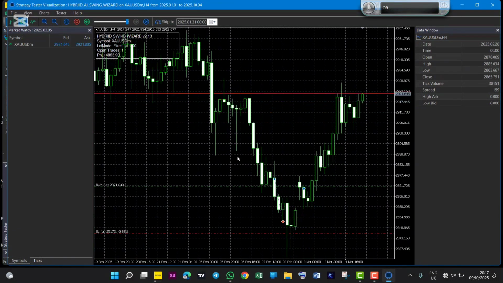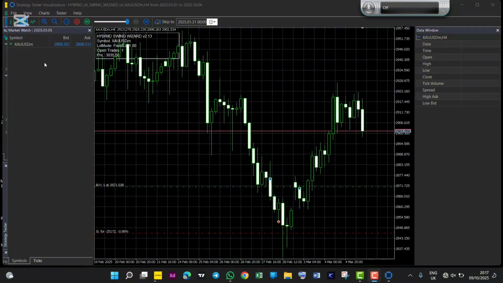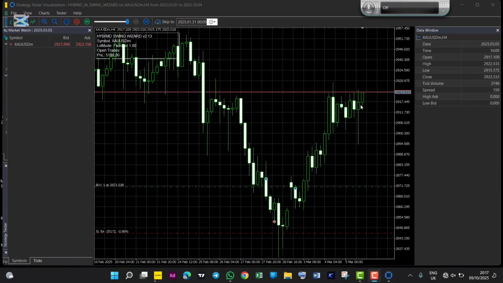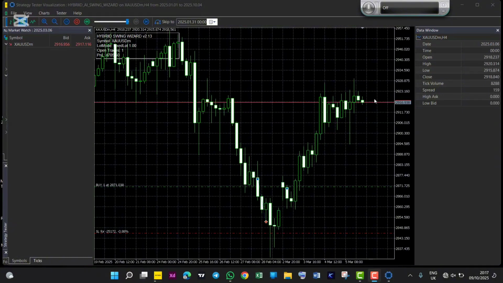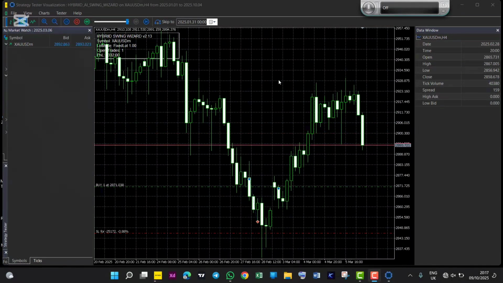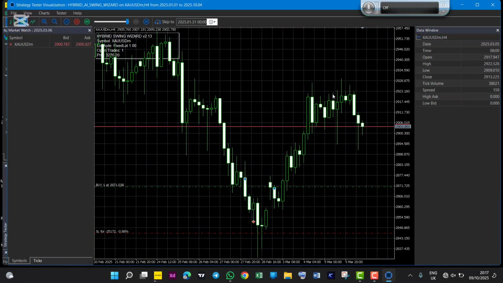All right, and we are still moving very, very good. So this is about 4 entries now, 2 losses, and this is the second profitable entry. If we hit TP with this particular entry, that means we've taken 2 losses and 2 profitable entries, right?